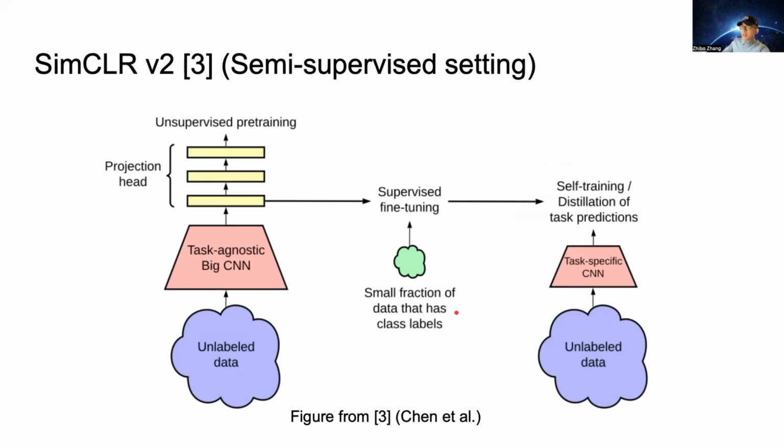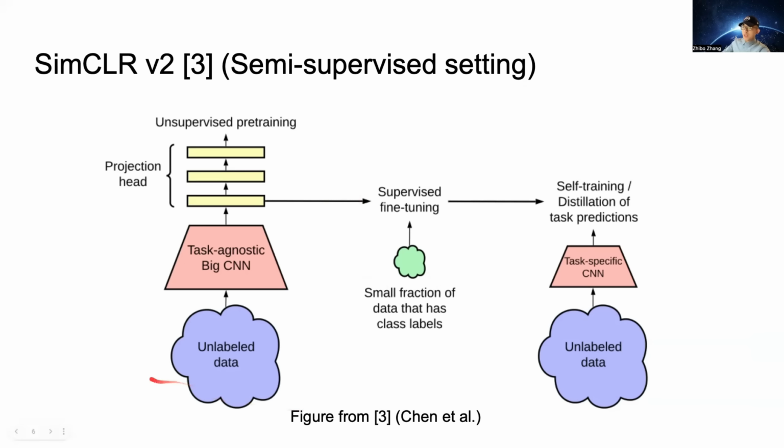So there's another version of SimCLR, which is called version 2, and they extend the work into the semi-supervised setting. On first look, we can see that the pipeline is divided into 3 stages.